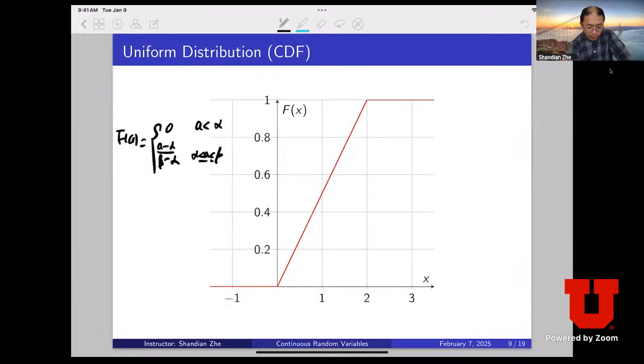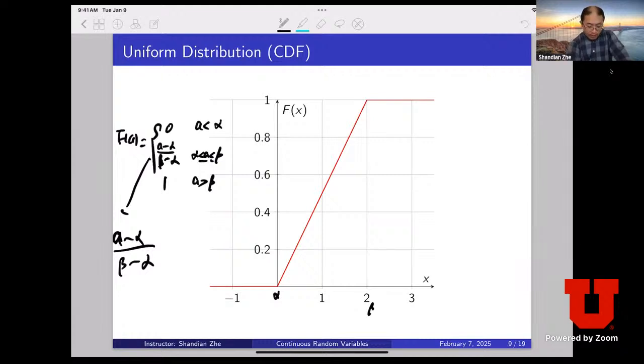When a is bigger than beta, it becomes 1. You see, this is alpha, this is beta. So less than alpha is 0, and between alpha and beta, it is a minus alpha over beta minus alpha.